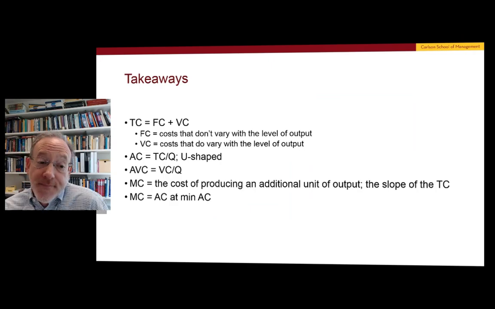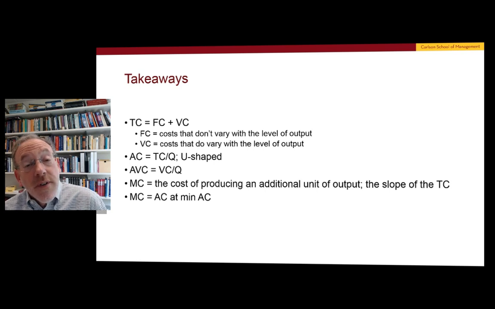Let's do some takeaways. What did we learn in this module, which was really pretty nuts and boltsy? We learned the following things. Total cost equals fixed costs plus variable costs. Fixed costs are the costs that do not vary with output, while variable costs are those that do. We learned that average cost equals total cost over quantity, and for us it'll be a U-shaped curve.